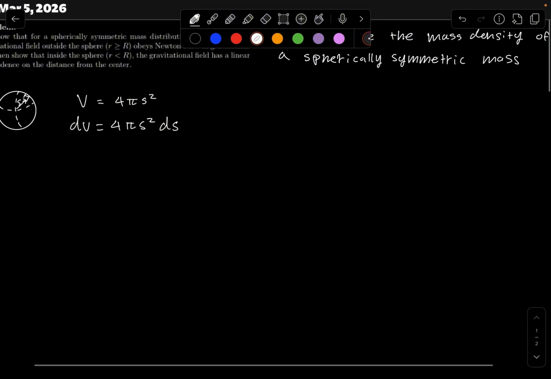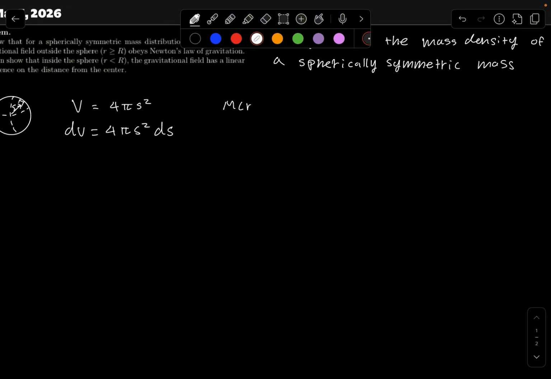So now we know that m of r, which is the mass, is equal to rho of r, or I guess it'll be of s this time, times the dV, which is equal to rho of s 4 pi s squared ds.